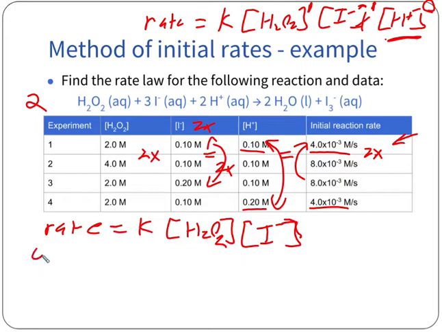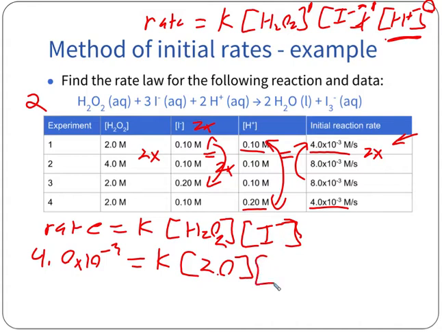So the rate for that one is 4.0 times 10 to the negative third equals K times the concentration of H2O2, which is 2.0, times the concentration of I minus, which is 0.1. We don't have to worry about the concentration of the H plus because it would be to the 0th power, which makes it just 1 anyway.